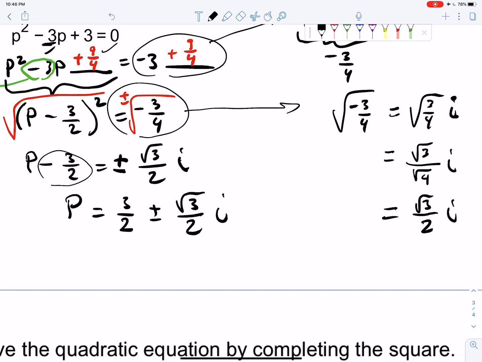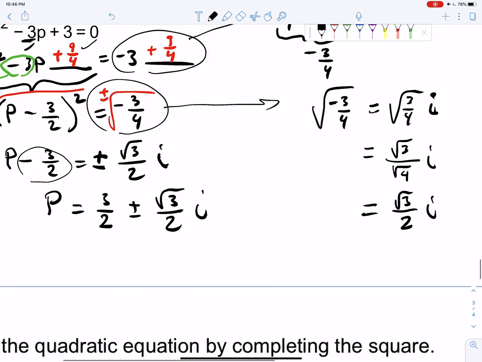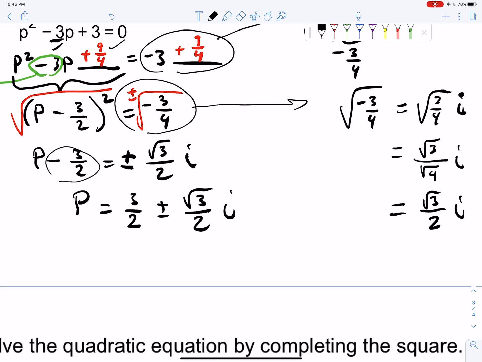I'm just double checking because I see I did a sleepy error on my paperwork over here. And I just want to make sure. In fact, there is nothing else wrong. Okay, good. That was just an error over there, but I didn't make an error here. This is good. So we've got p equals 3 halves plus or minus the square root of 3 over 2, i.